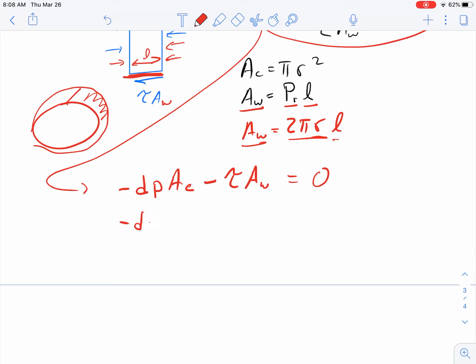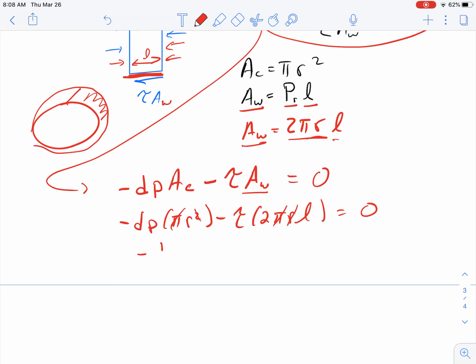So we have minus dP times the cross-sectional area, which is going to be pi r squared, minus tau times the area along the wall. Again, this is where the fluid is interacting with the friction at the wall. That's our shear stress. And so that's going to be 2 pi r L, and that's all equal to 0. Well, our pi's are going to cancel out. One of our r's is going to cancel out here.